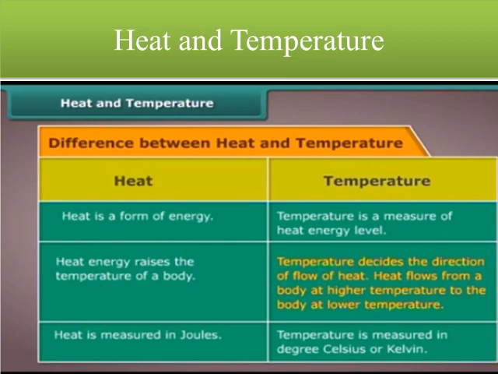Temperature decides the direction of flow of heat. Heat flows from a body at high temperature to a body at low temperature. Heat is measured in joules and temperature is measured in degree Celsius or Kelvin.